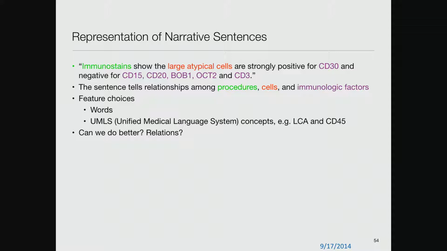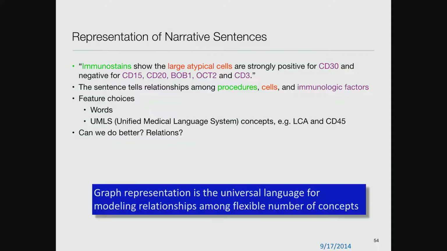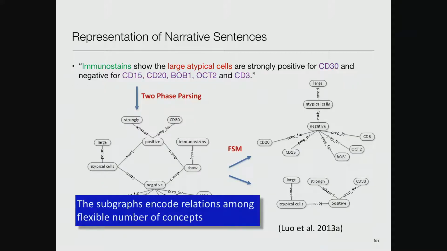And for feature choice, we can use words, or we can use UMLS concepts, or we can find various kinds of mappings. But he decided that in order to retain the syntactic relationships here, he would use a graphical representation that came out of, again, parsing all of these sentences.